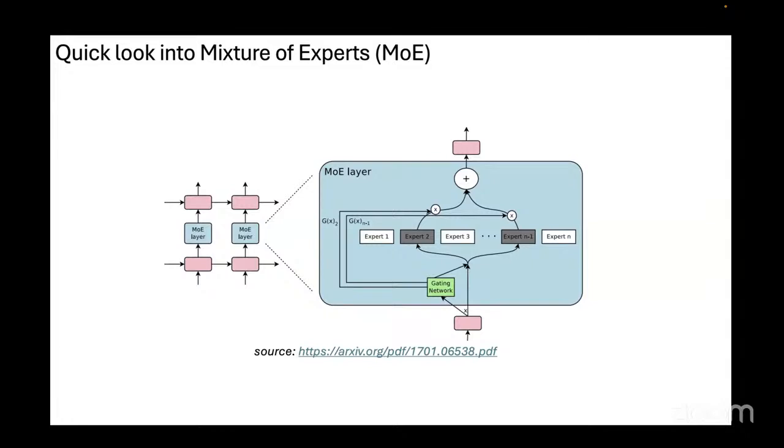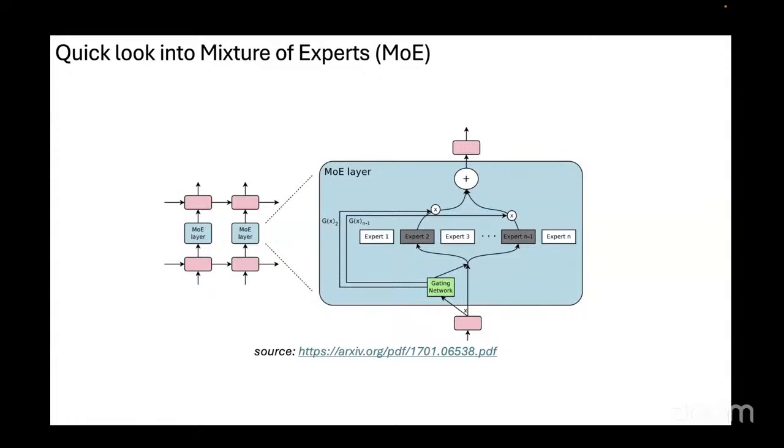If you look here, each MOE layer consists of multiple components, like you see here, the gating network and multiple experts. Each expert can be a feed-forward neural network, or maybe a stack of multiple layers or a single layer.